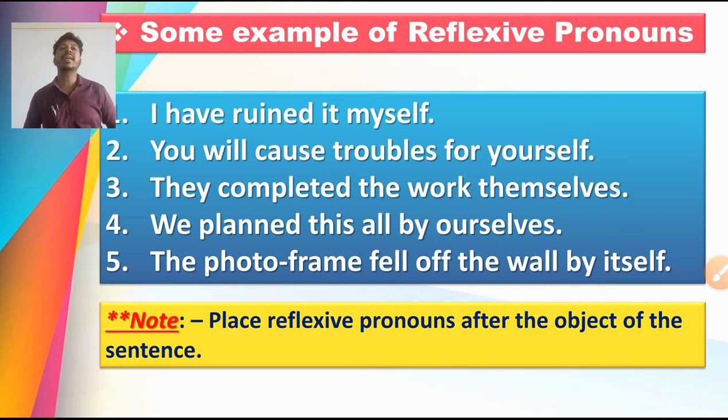So myself is itself the object. Where the object is there, you must use the reflexive pronoun after the object. Where the object is omitted, the reflexive pronoun itself is the object. Such as, I hurt myself, he did himself, they played themselves. In this way, you will use reflexive pronouns.